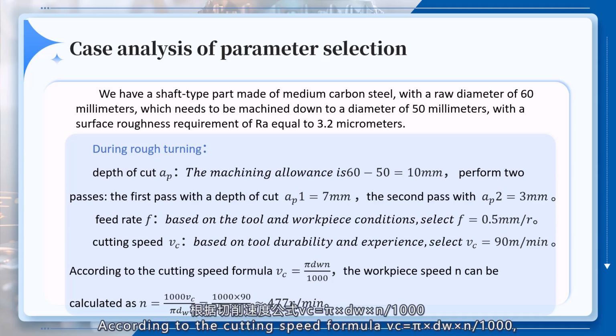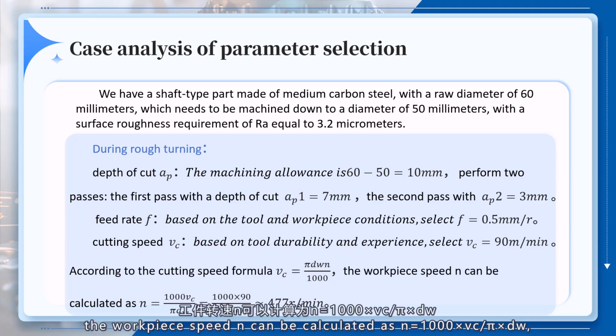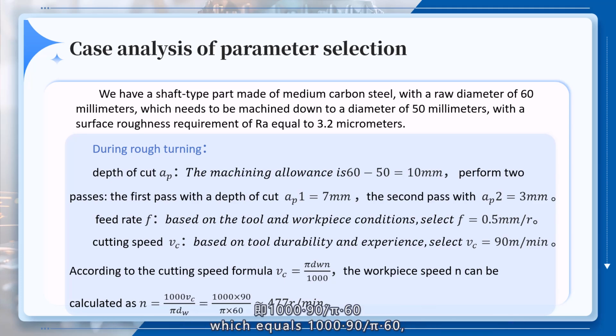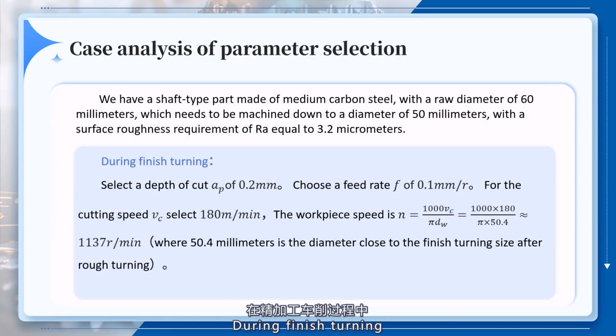According to the cutting speed formula, vc equals pi times dw times n divided by 1000. The workpiece speed n can be calculated as n equals 1000 times vc divided by pi times dw, which equals 1000 times 90 divided by pi times 60, approximately equal to 477 revolutions per minute.